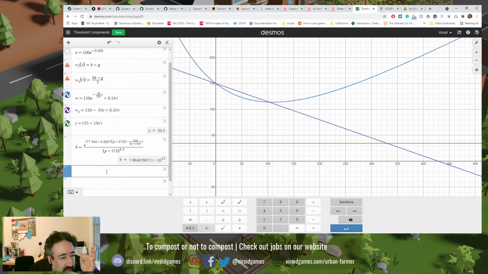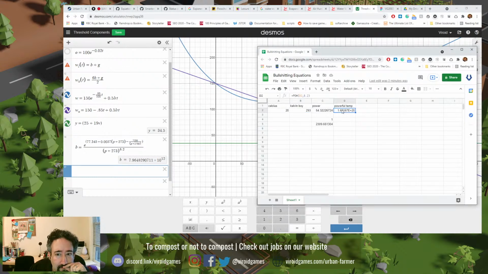Something funny looking about the power. To, we did what, which is the power. Yeah.